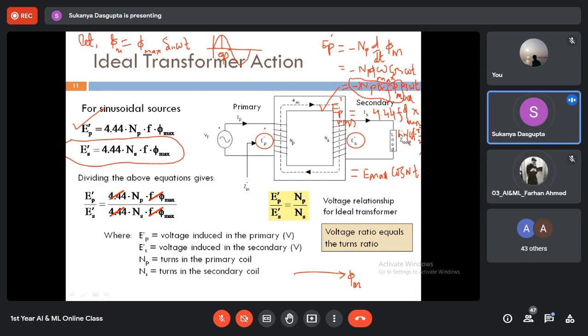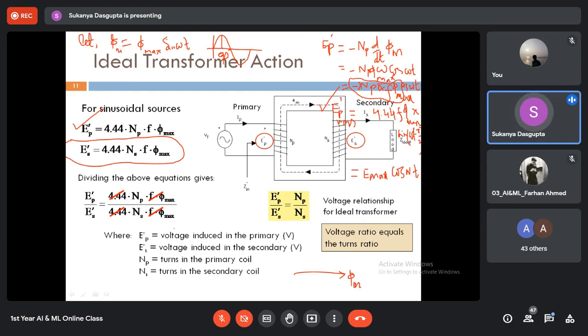Okay, because it is very much important to understand, otherwise you will not get the phasor diagram. So it is clear to everyone that EP is equal to E max into cosine omega t, right? That means your voltage signal is a cosine signal. What will be the direction?